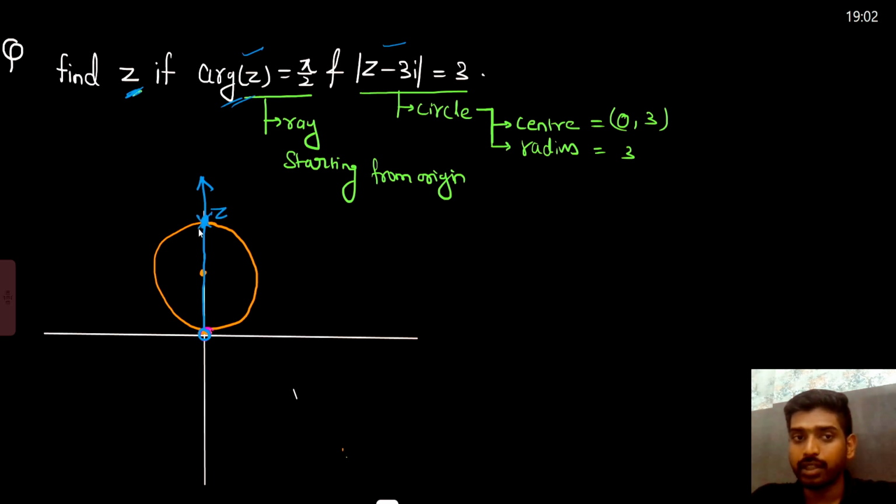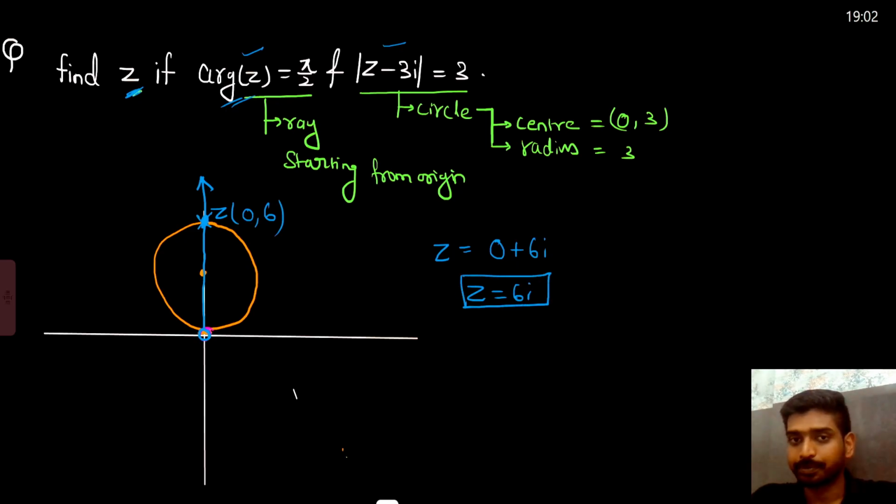What is the coordinate of this point? The coordinate of this point will be 0 comma 6. So the required number z is equal to 0 plus 6 iota, or z is equal to 6 iota.